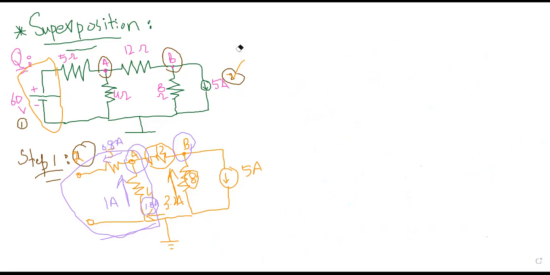Okay. Now for VB, because the current first passes through point B, VB equals what will be the value of current in this circuit, that is 3.2, and this resistance is 8.